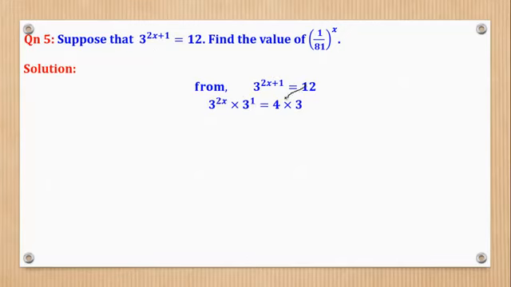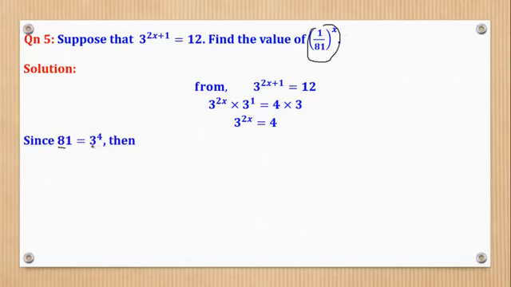Then this one becomes 4 times 3. Now this 3 and this 3 can cancel, remaining with this equal to this. Now here, even if we prime factorize, we can't get a base of 3. So we're going to leave it like that first, then we deal with what they want.